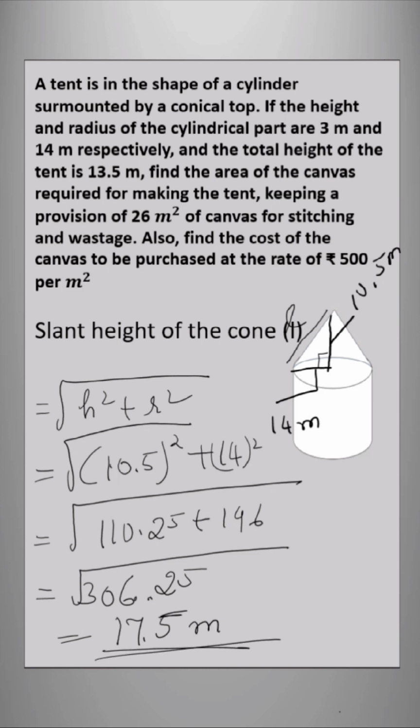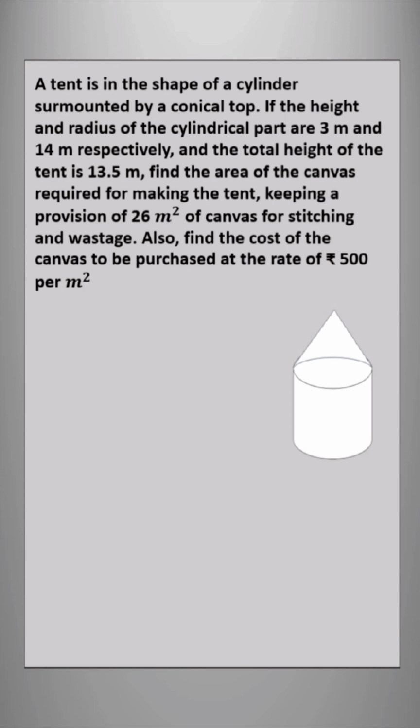Now let us find the area of the canvas required for making the tent, keeping a provision of 26 meter square of canvas for stitching and wastage. First, let us find the total surface area of this structure, which is equal to CSA of cylinder plus CSA of cone.